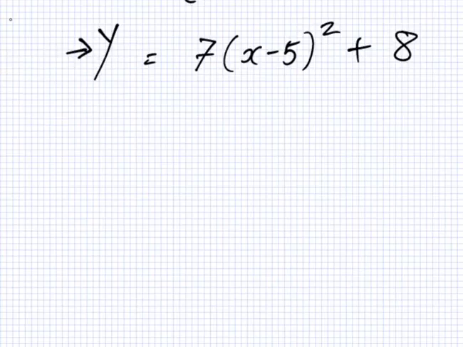I know it's nearly the same thing. Okay, so if we take 7 out, this will be x squared minus 10x plus 183 over 7.